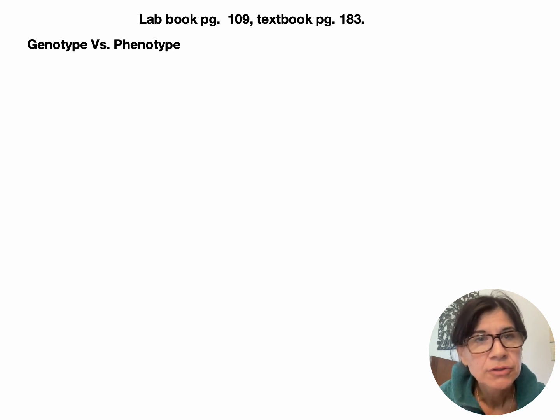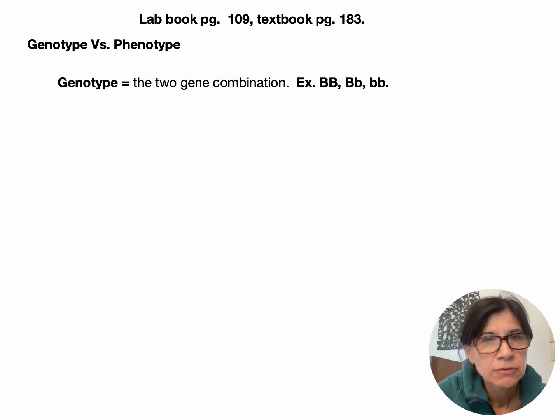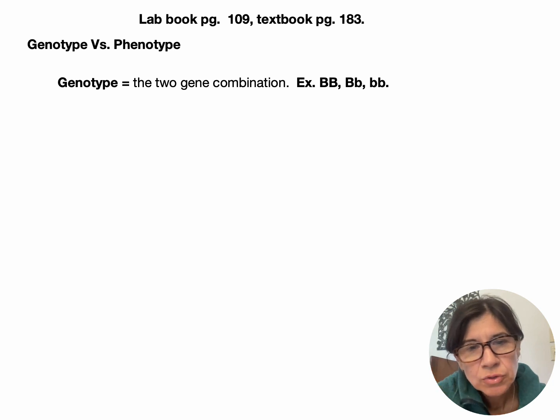And now we're going to introduce some more terms. The first is the genotype versus the phenotype. So when we talk about genotype, think about what is the actual 2 gene combination that organism has. Because every organism, or every human, has 2 copies of a gene for every trait.